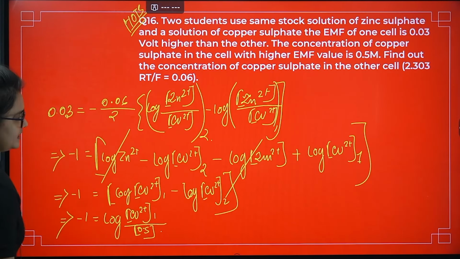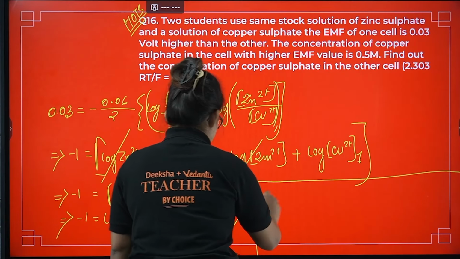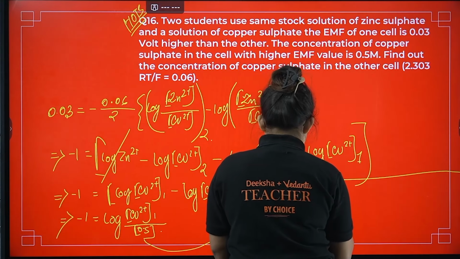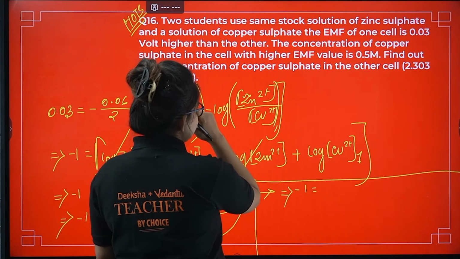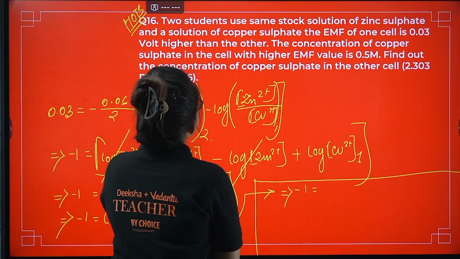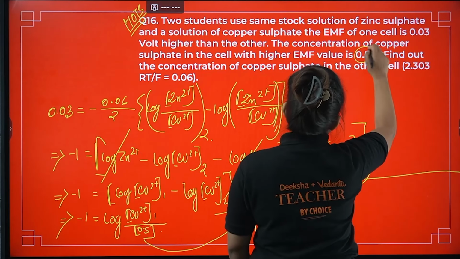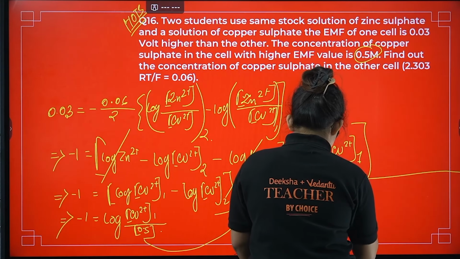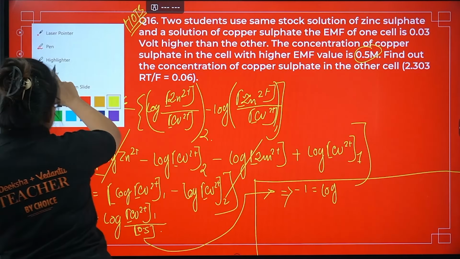Let's put the value here. Minus 1 is basically equals to, if I put the value, Cu2+ concentration is given how much? 0.5 molar is given. Let me take the antilog here itself.